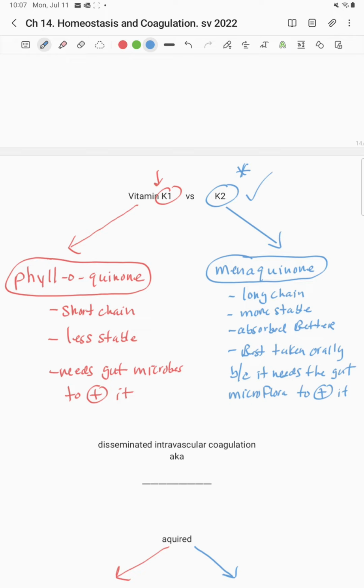That is not standard procedure to give K2. It's a more expensive form. Insurance usually doesn't cover it. Most people don't know about it. And chances are the only person in that hospital that will know about it is the pharmacist. So if you want to be an advocate for your baby and people are not working with you mostly because they don't understand, they're like, what's K2? Then just call the pharmacist. Be like, hey, do you have any K2? And they're going to go, yep, send it right up. And then make sure it's given orally.